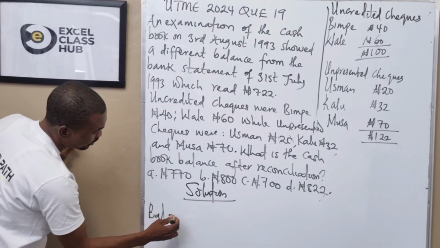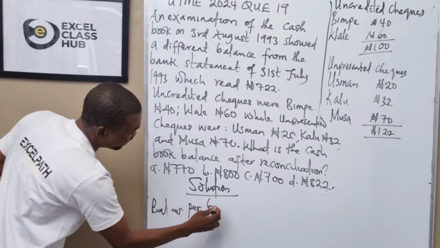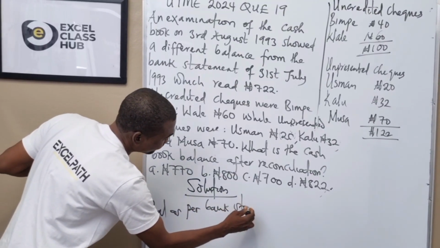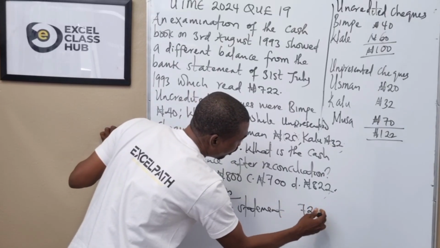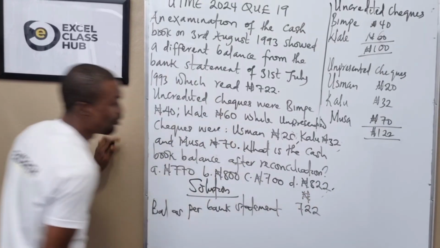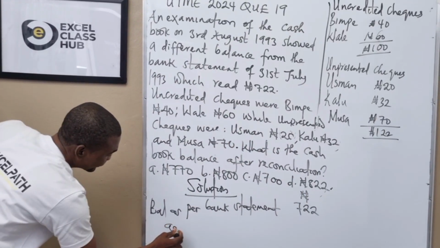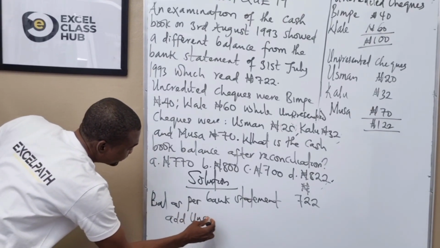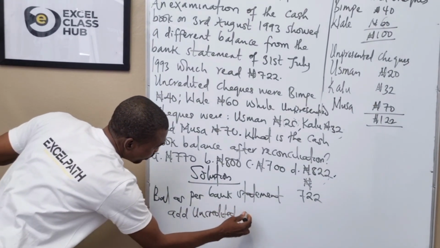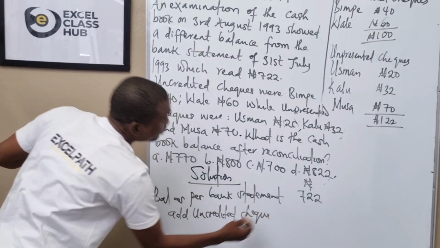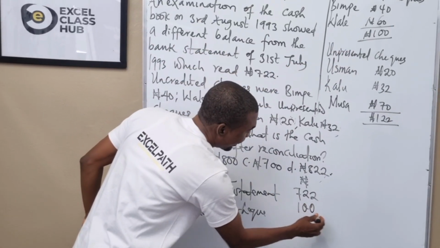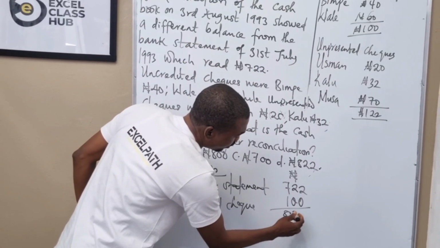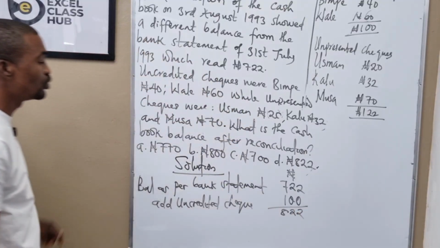So we have the solution. Balance as per bank statement, which is 722 naira. We will now add uncredited check, which here is 100 naira. And that will give us 822 naira.